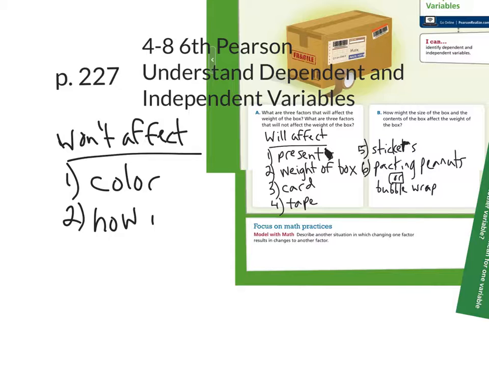How it's being shipped would be another one that's not going to affect the weight of the box. That could affect the cost, but not the weight of the box, right? So if we're sending it with the postal service or UPS or FedEx or whatever, the weight should still be the same regardless.